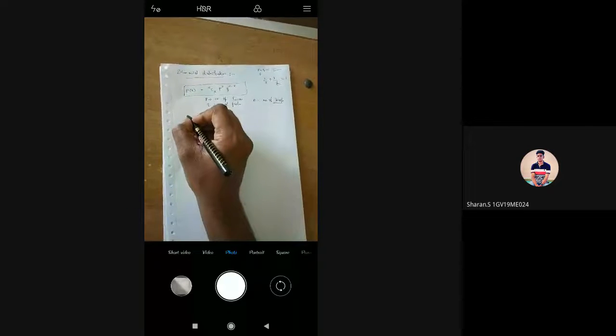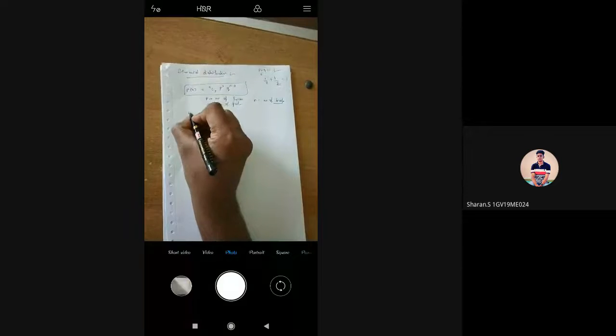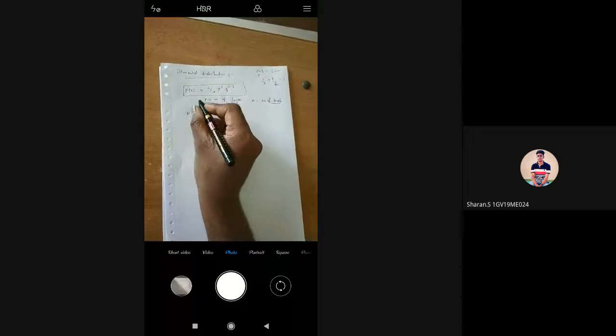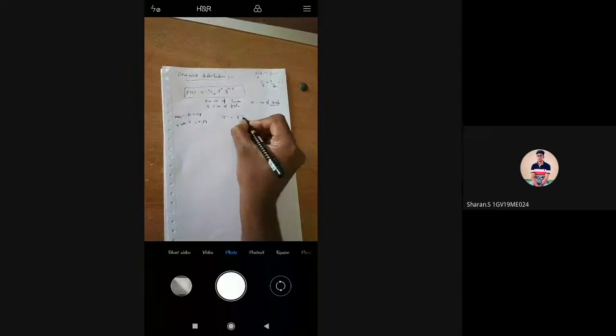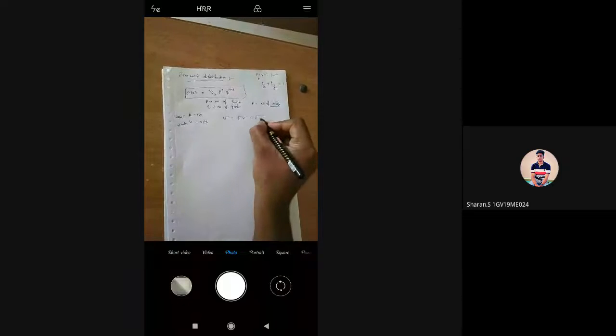And then we have mean, standard deviation, variance here also. The mean for binomial distribution is np. Then the variance for binomial distribution is npq. So this denotes the mean and this is the variance. Similarly, the standard deviation, sigma, is the root of the variance, so the formula is root of npq.